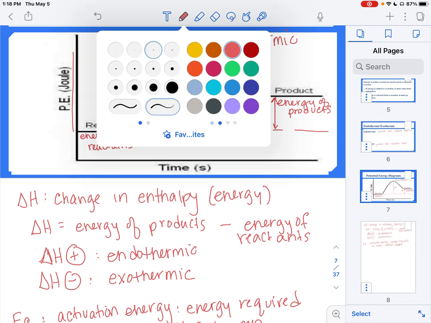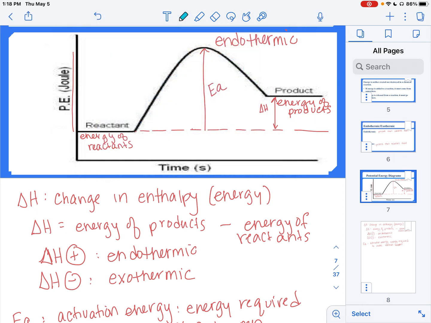There is a way to lower the activation energy, and that's by using a catalyst. So you may have heard catalyst before. An enzyme is a catalyst that a lot of people are familiar with after they take biology. What a catalyst does is it is something that you add to the reaction and it lowers the activation energy.